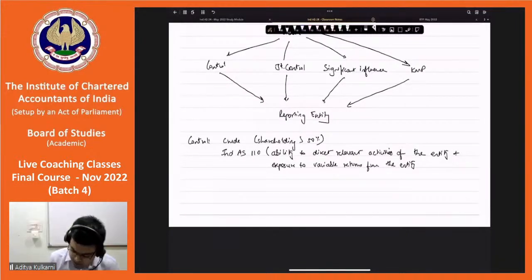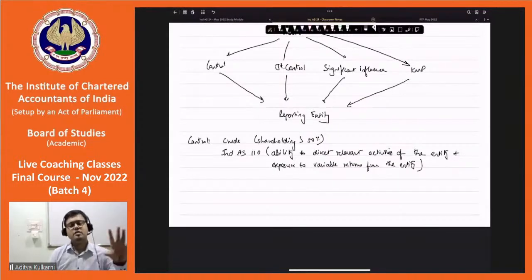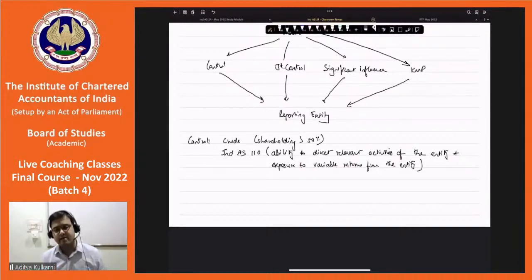So therefore, these two things, when they are there, it means that control exists over the organization. Normally, I admit that you can direct the relevant activities generally if your shareholding is more than 50%, but it is not mandatory that shareholding should be more than 50%.